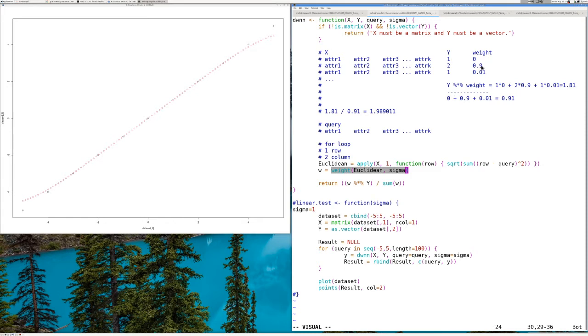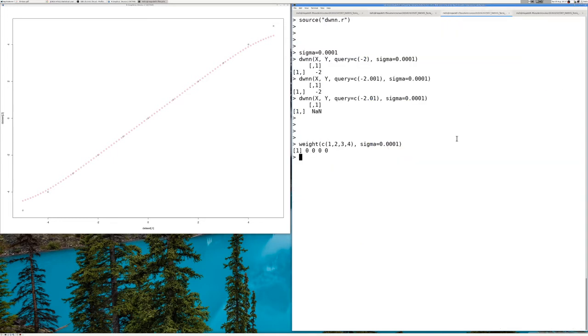This is going to be a 0 because I have no relevance for that particular training instance. 0 times this and 0 times that. So I have zeros in my numerator and zeros being summed up in my denominator. And 0 over 0 turns out to be not a number.